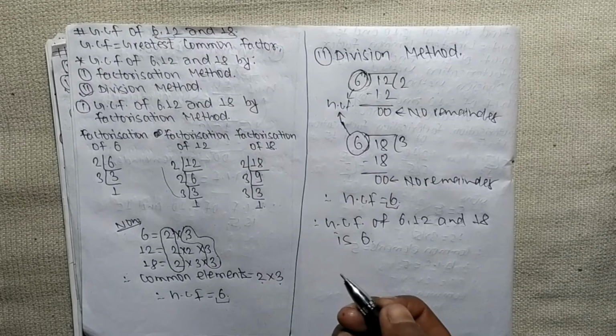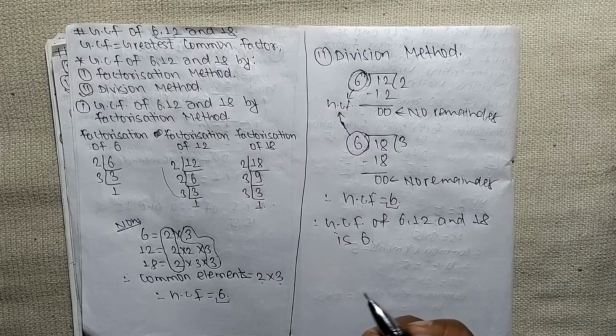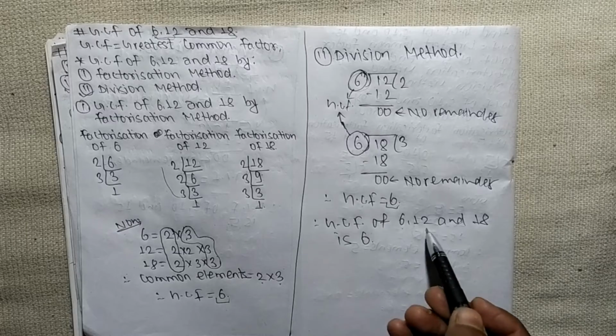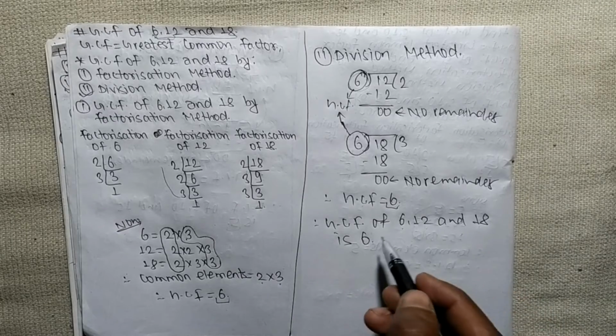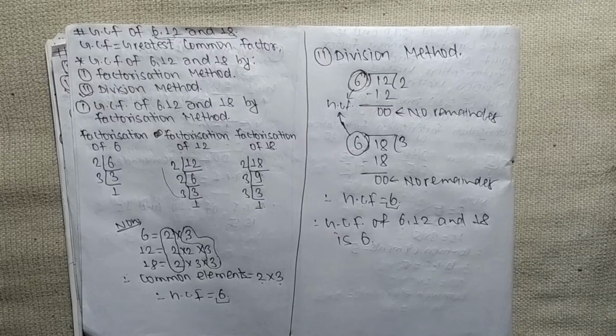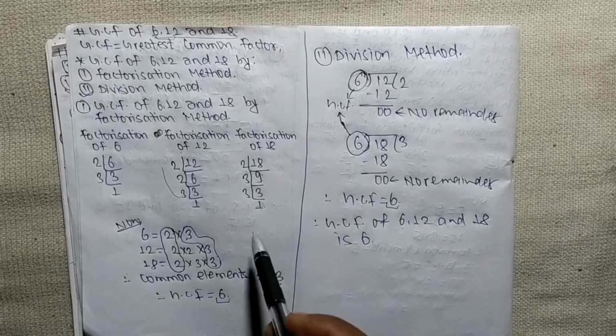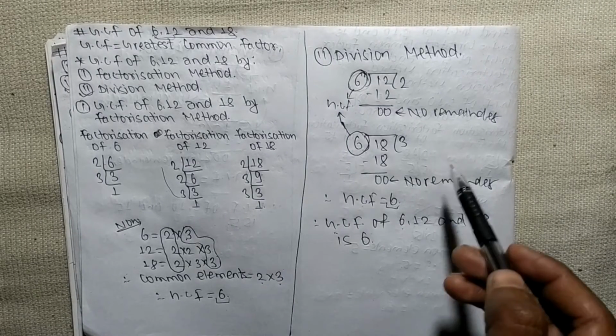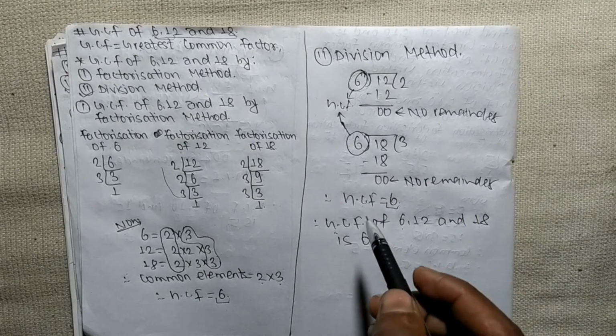GCF means the greatest number which can exactly divide 6, 12 and 18. In this way we can find the GCF by factorization as well as by division method.